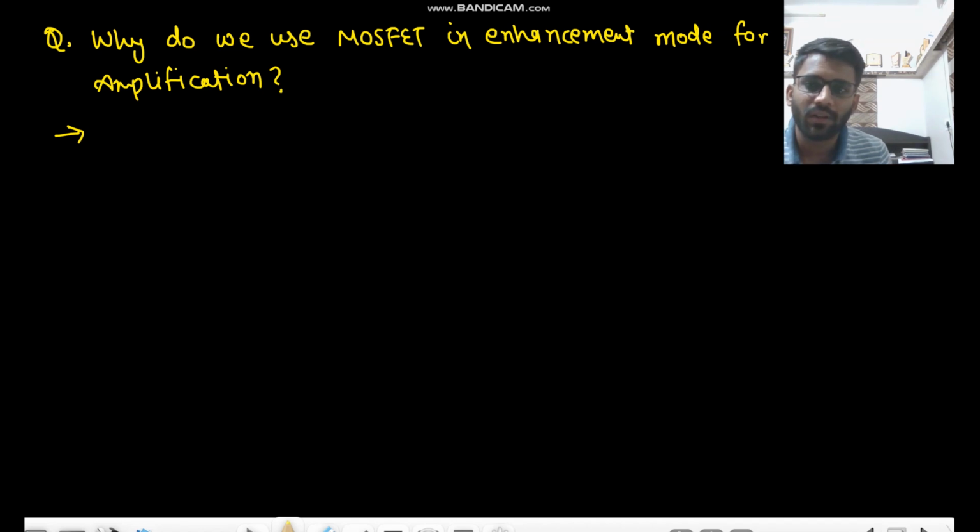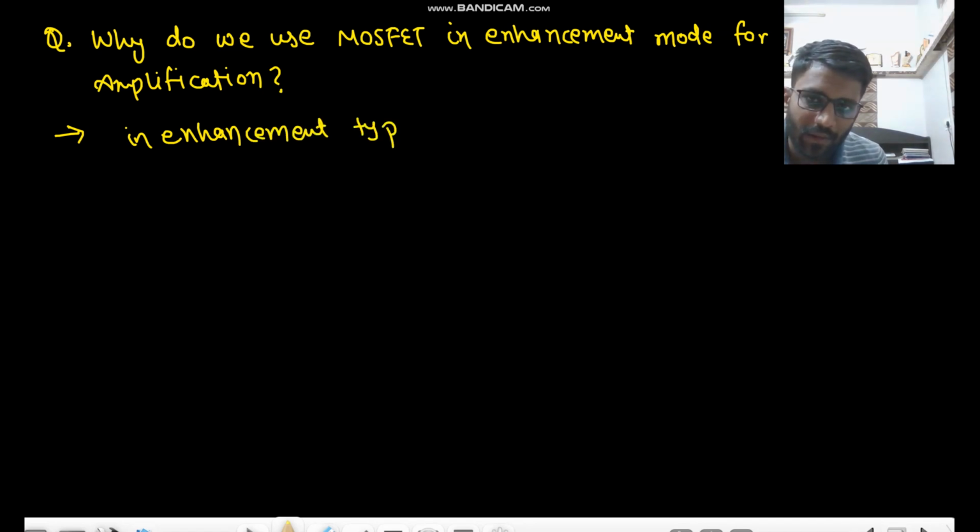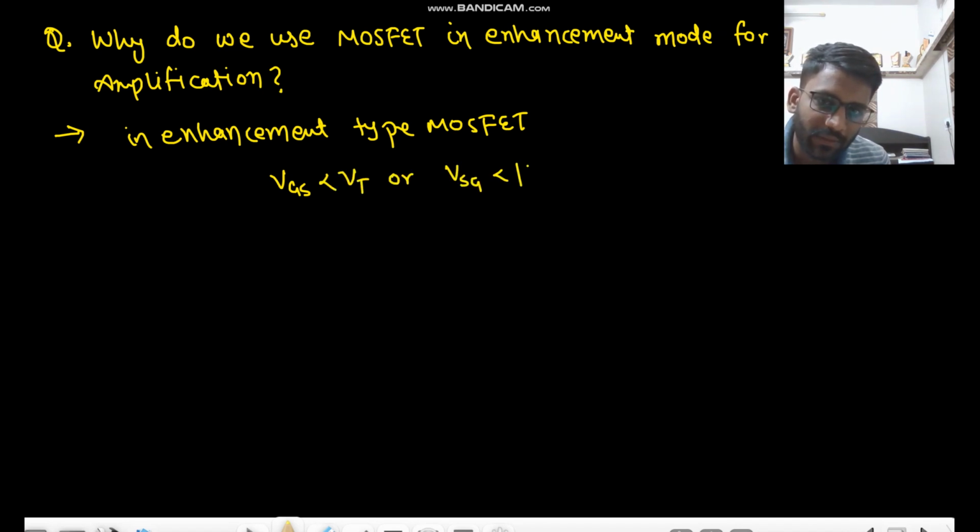So in an enhancement type MOSFET, for VGS less than VT, or VSG less than VTP, there is no current.